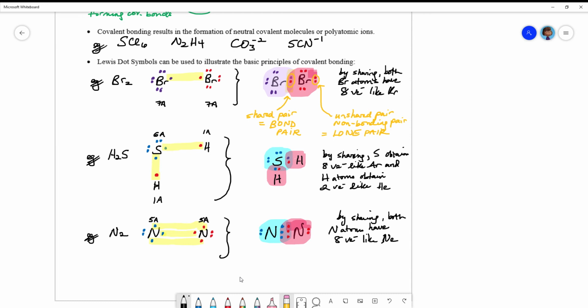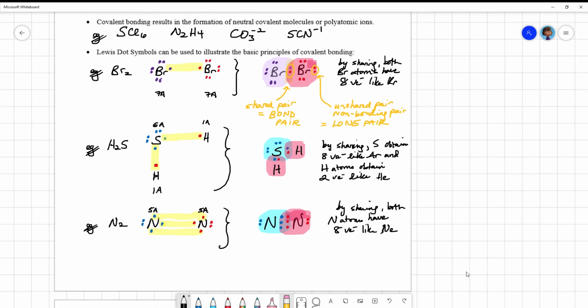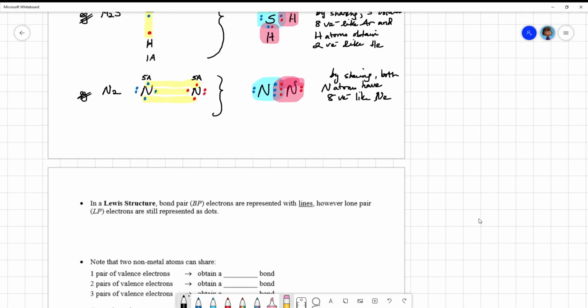Instead, we do an adaptation of Lewis dot symbols called Lewis structures. Lewis structures are what we're going to be using from now on to draw representations of covalently bonded molecules and polyatomic ions.